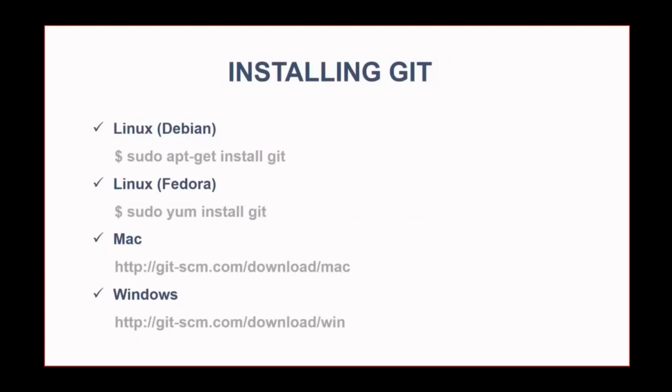In order to install Git in your local system, you just need to go to the link according to your operating system, click on the download link and follow through the installation wizard to get it set up on your computer. I am using Linux, so I ran this command: sudo apt-get install git. For Windows users, just go to this link and download Git. After installing it, you just need to start your terminal and type git version to verify that Git is ready to be used in your computer.